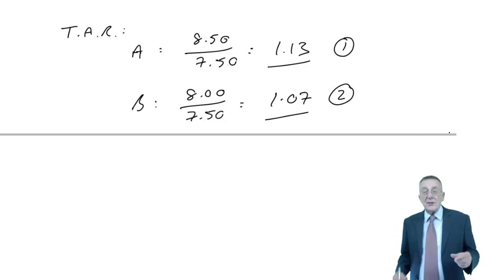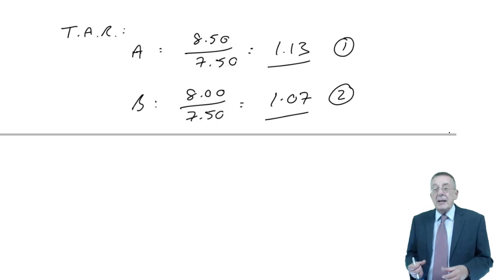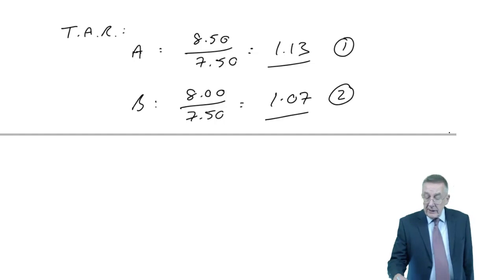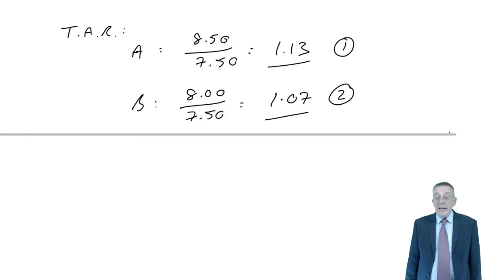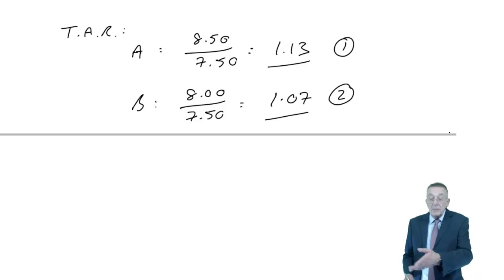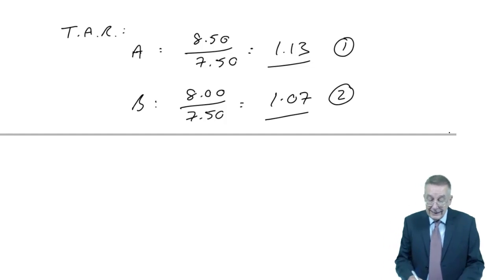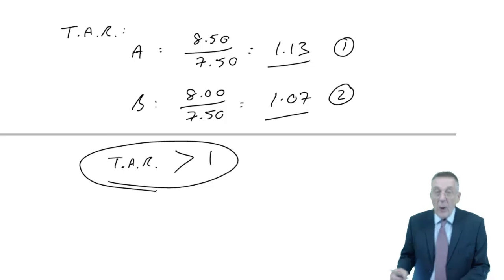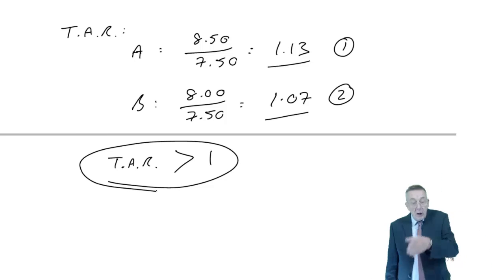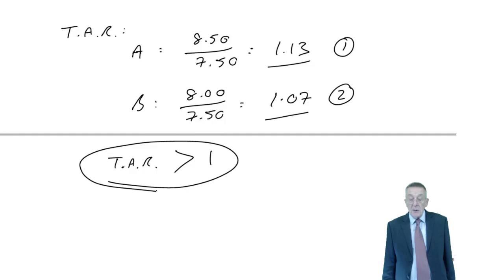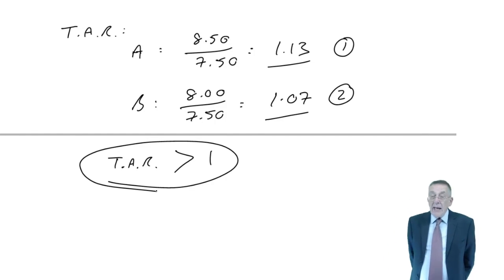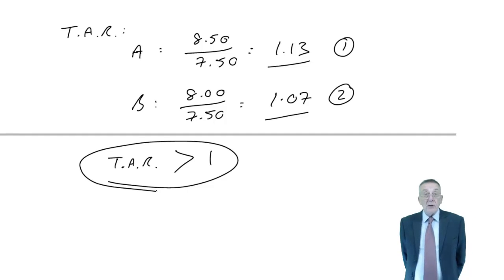But if we're going to cover the costs of the factory, we want to aim to have returns of more than the $7.50. And of course, if it is more than $7.50, it means the throughput accounting ratio is more than 1. So we want the throughput accounting ratio to be more than 1. We focus on those which give the highest ratio, but we do everything we can to try and achieve a ratio for all our products of more than 1.